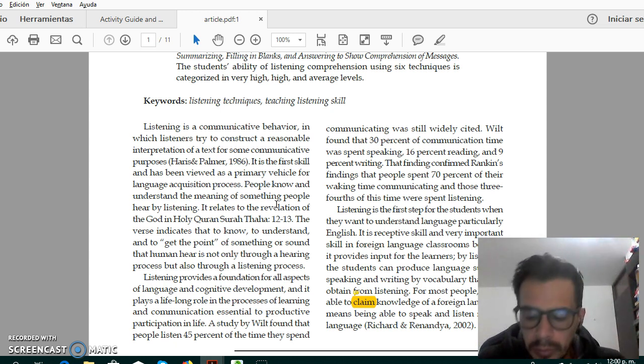The study was made in this institution, and this institution has a laboratory where students can go to practice this skill.